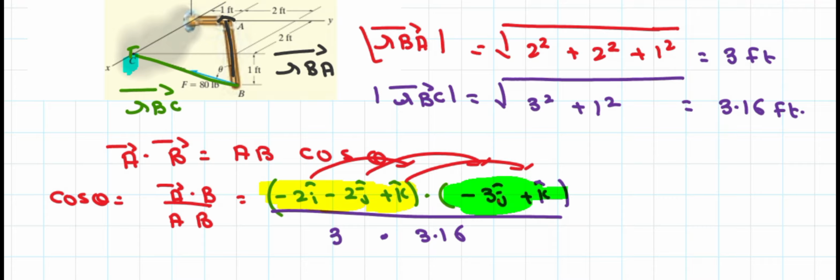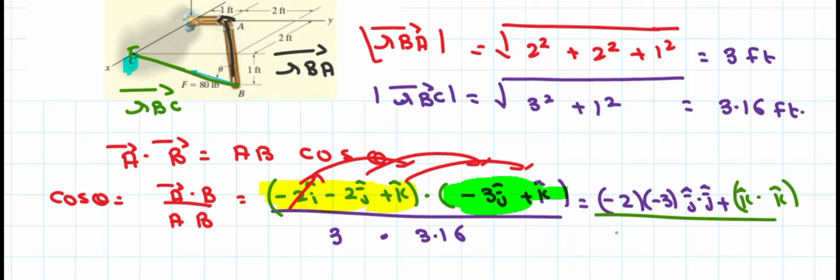So it means that you don't multiply I with any unit vector there. So neglect this 2i cap. Similarly, negative 2j with negative 3j will become negative 2 into negative 3 and j dot j with positive sign. Similarly, positive k with positive k, so this will become positive k dot positive k, divided by A magnitude, that is 3, and B magnitude, that is 3.16.